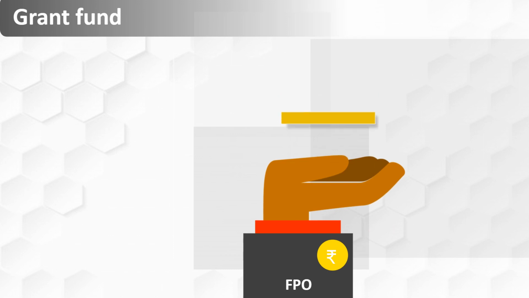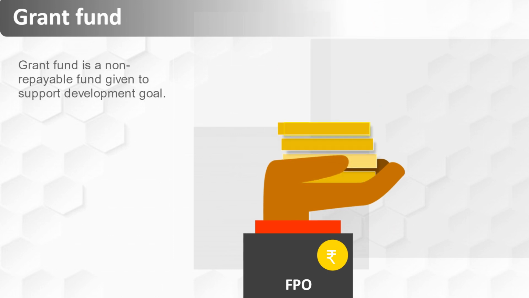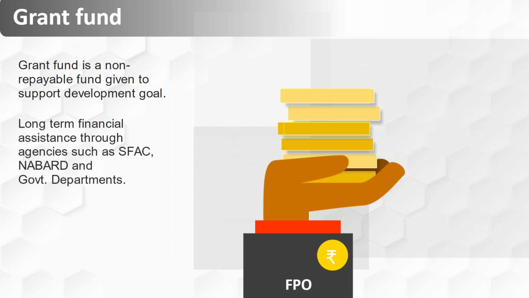Grant. A grant can be an award, a non-repayable fund given by one entity, typically a company, foundation, or government, to another entity to facilitate a goal or to incentivize performance. In the case of FPOs, grants have been made by the central and state governments through agencies like SFAC and NABARD and government departments initially to set up and develop the FPO.